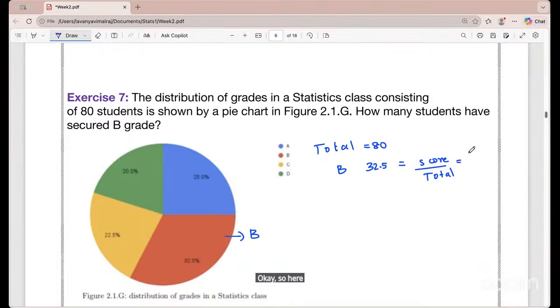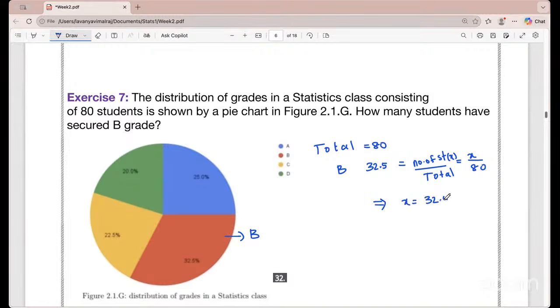Here you see the number of students by total. So the number of students is what we don't know, so let's call it X. So X by 80.